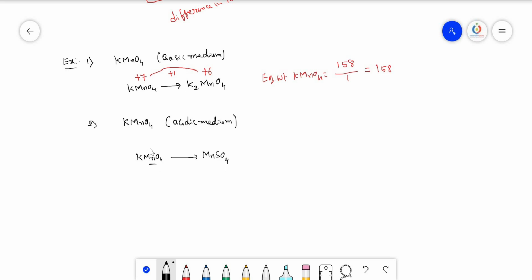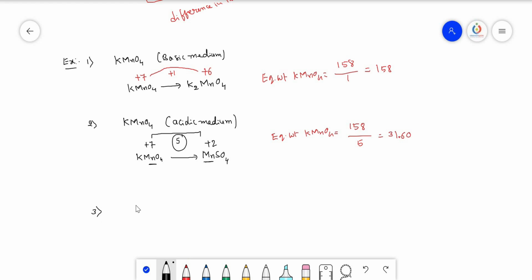Here the manganese oxidation state is +7, and here the manganese oxidation state is +2. So the manganese oxidation state differs by how many units? 5 units. Then the equivalent weight of KMnO4 is equal to the molecular mass, 158, divided by the difference in the charge, 5. So we get 31.60.